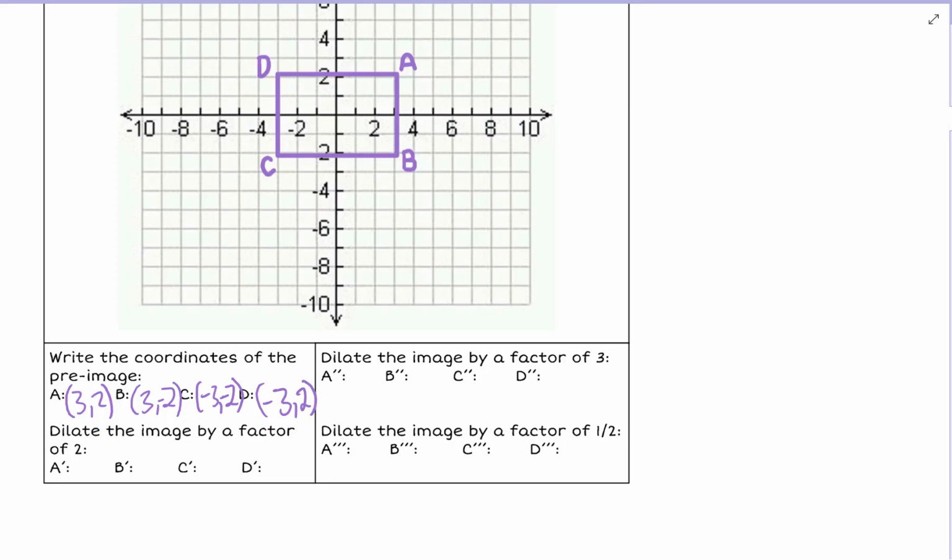The first image we have is to dilate by a factor of 2.